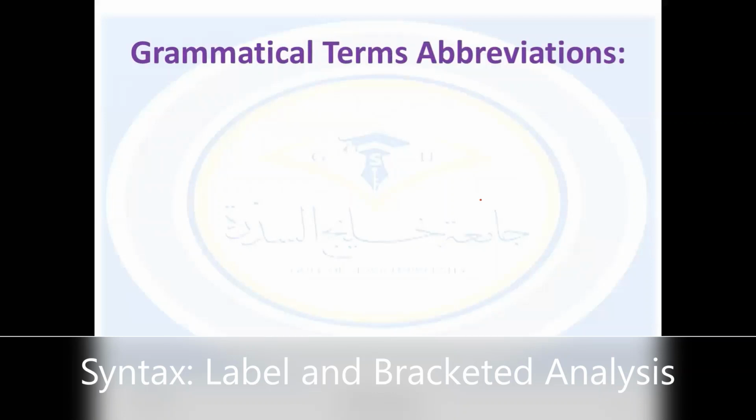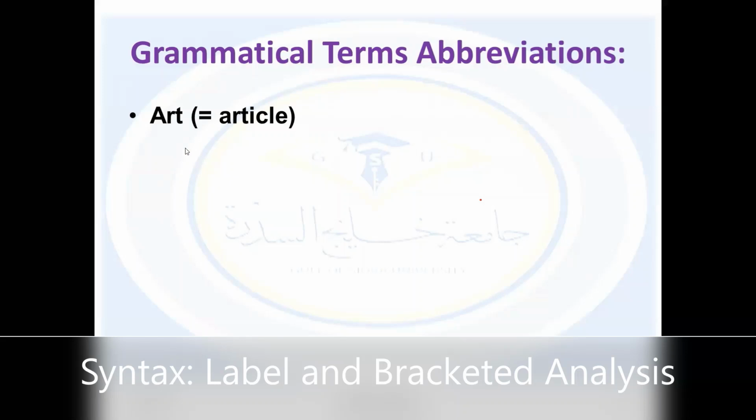Before we take an example that explains labeled and bracketed analysis, it is very important to think of the forms of labels used here. You will find some grammatical terms, or abbreviations of grammatical terms.